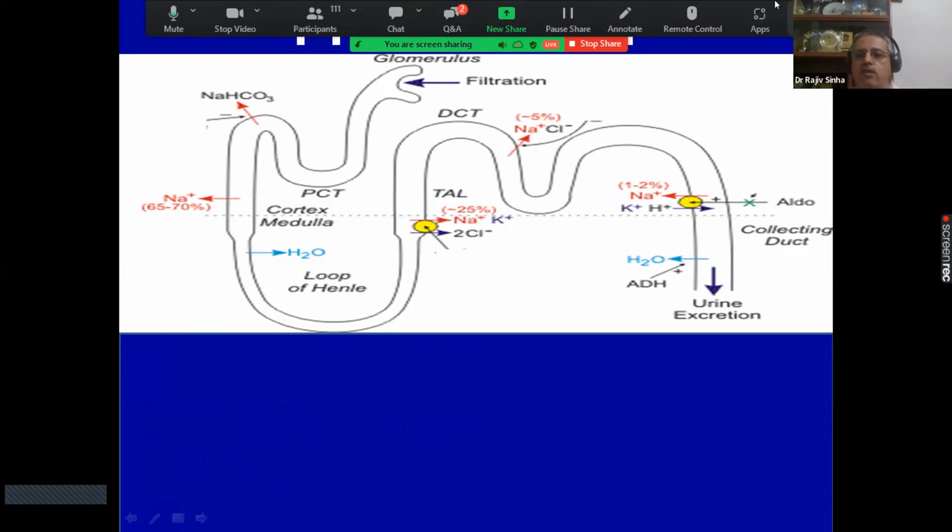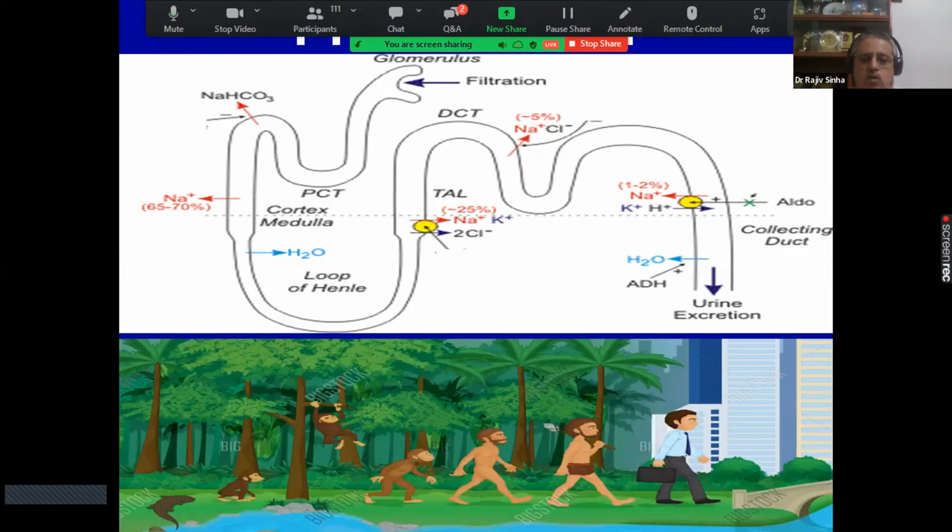I'll not go through the renal physiology at all because it has been covered in previous sessions. But one thing I'd like to re-emphasize is that although we focus more on the glomerulus and often forget about tubules, it is because of the tubules that we have migrated from the sea to the land.